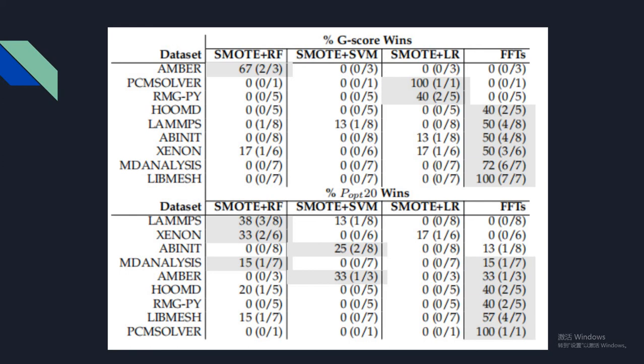As we can see in the table of learners, the FFT performs as well or better in 6 out of 9 projects for both G-scores and P20. So FFT builds the best classifier for buggy commits.